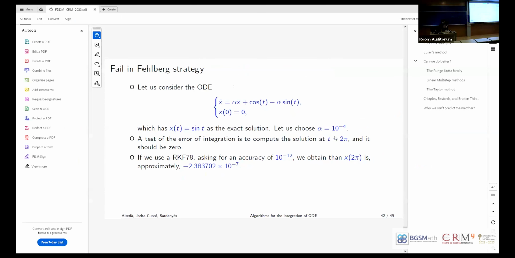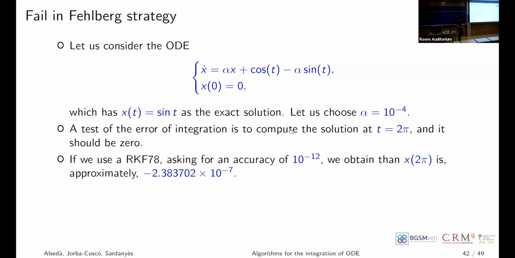I get a fail. I get this. Not 0, but 10 to the minus 7. I'm demanding 10 to the minus 12 of accuracy, so I lost 5 digits. Integrating an equation which is trivial, not very complicated, one-dimensional.